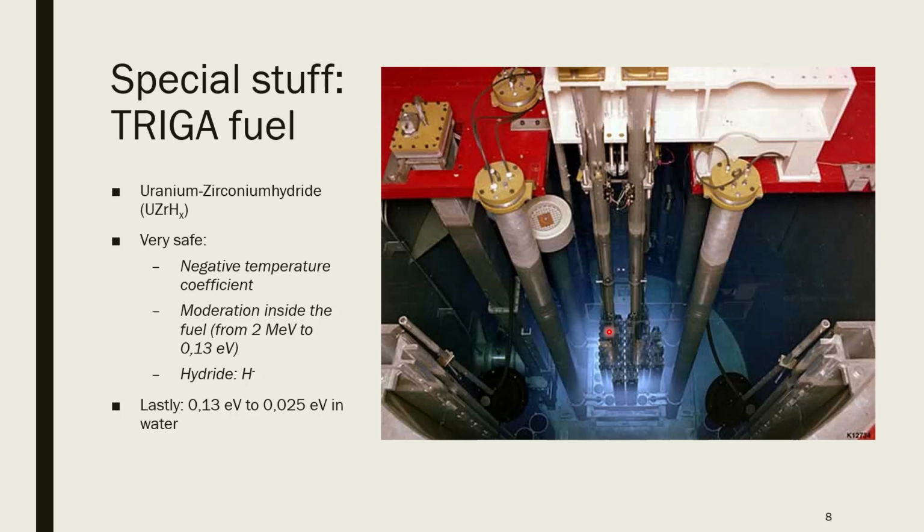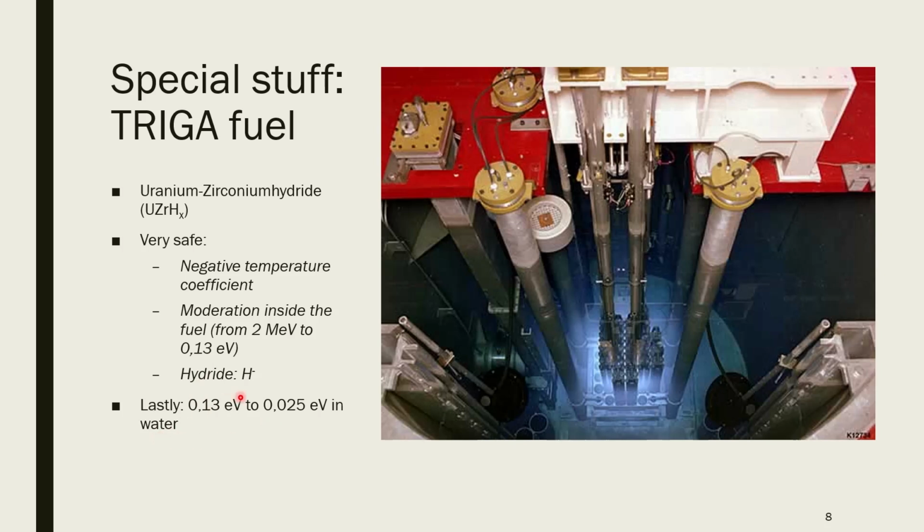On average, if you do a fission, the neutrons coming directly out of this fission have an energy of 2 mega electron volts, but you want to get down to 0.025 electron volts. Most of the moderation to these low energies is done via the hydride ions inside of the fuel, and only the last part is done via water.